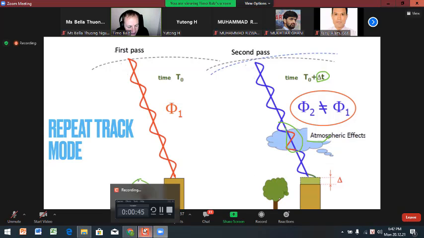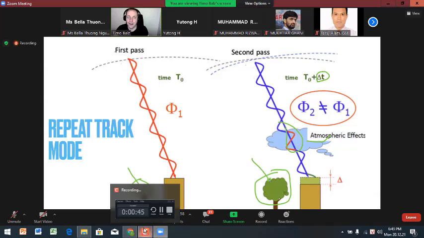We see differences in the vegetation, which can lead to temporal decorrelation, because now we're looking at very different things. If you look at this extreme example, our signal gets reflected somewhere. There are no leaves, so it gets reflected somewhere here, and here it gets reflected somewhere more on top.